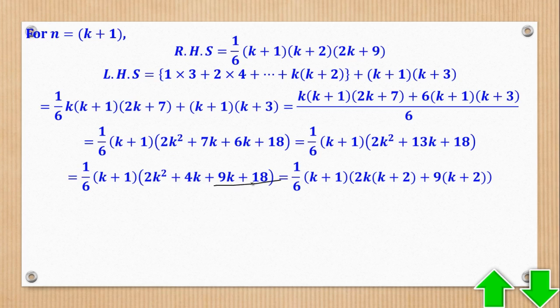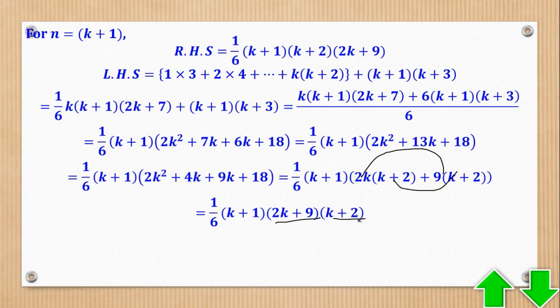Then for this one, the common factor is 9, pull it out, I remain with k here and 2 here. So factorize further, this and this gives you this, then this is common, gives you that.